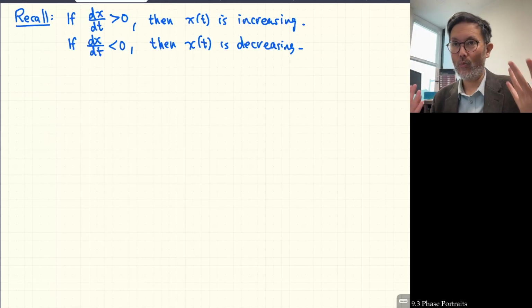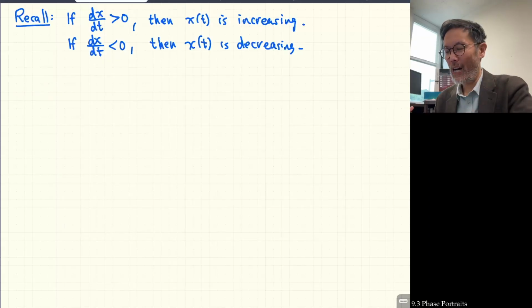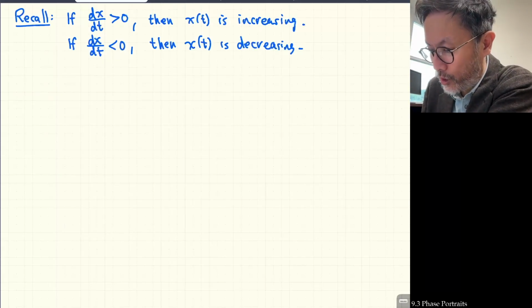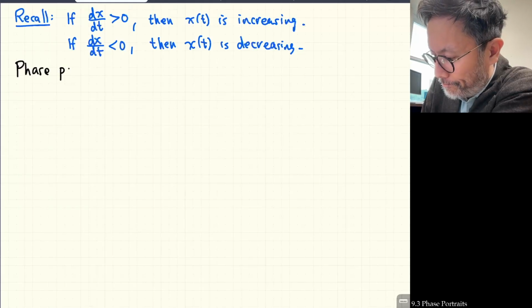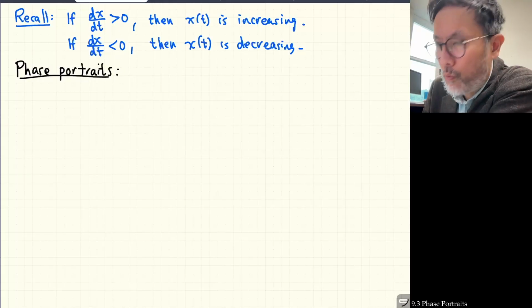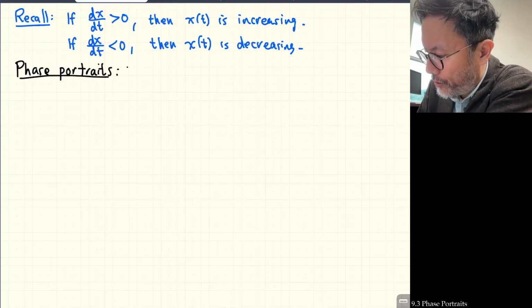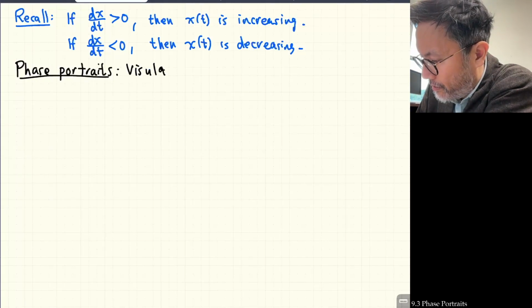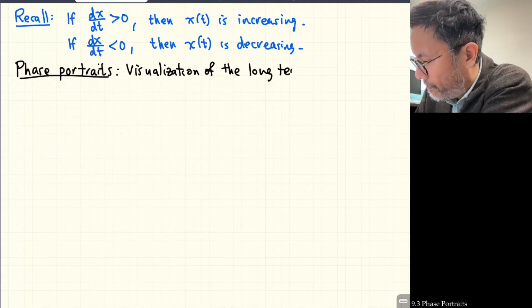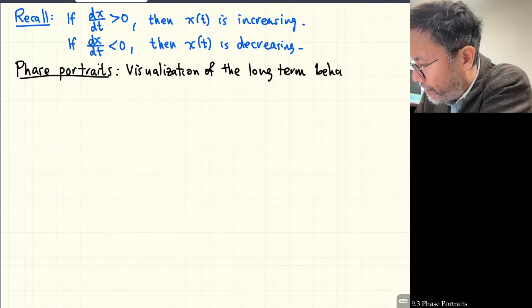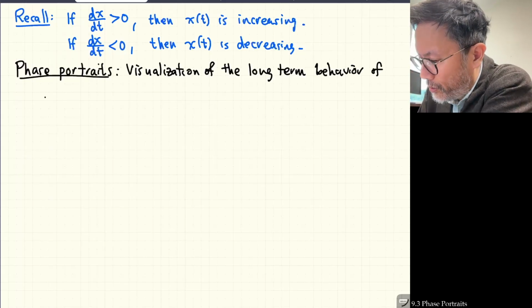How? Why? What? Well, here's the idea. We're going to draw what are called phase portraits. And again, what they do is give us a visualization of the long-term behavior of solutions.